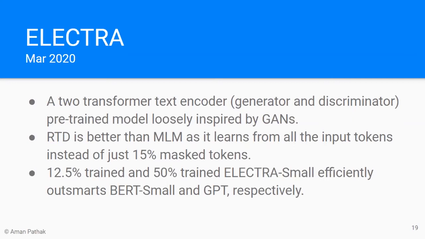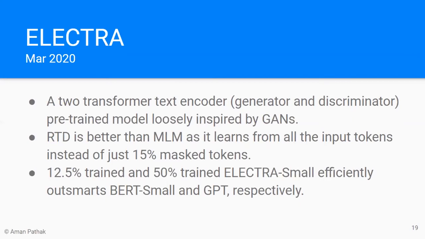During pre-training, the generator part performs MLM, followed by replacing the masked token with a convincing substitute using maximum likelihood. The discriminator is the real deal, which then detects whether the tokens in the modified sentences have been replaced or not.